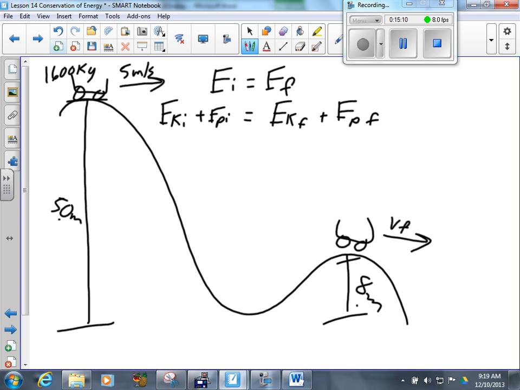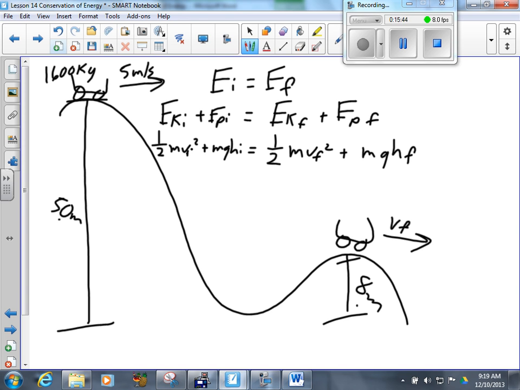So 1/2 mv squared on the initial side. Have I said basically the same thing in the first three things I've written there? Yeah, I'm saying exactly the same thing. I'm just expanding the terms out to include more stuff.